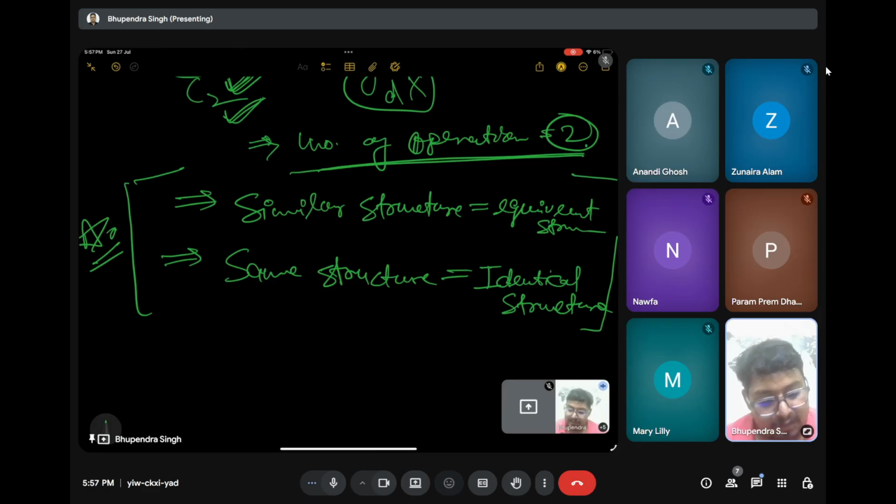You cannot forget this. Because if you cannot determine whether it is a similar structure, equivalent structure, or the same structure, identical structure, then you keep on getting the wrong answer again and again. I'm telling you.